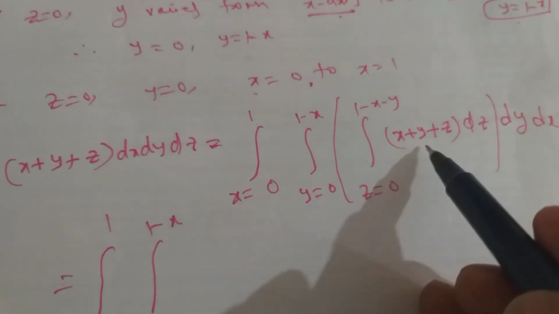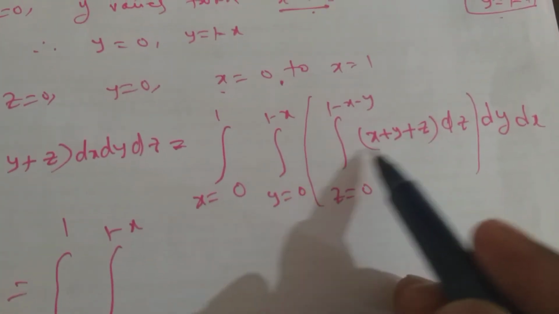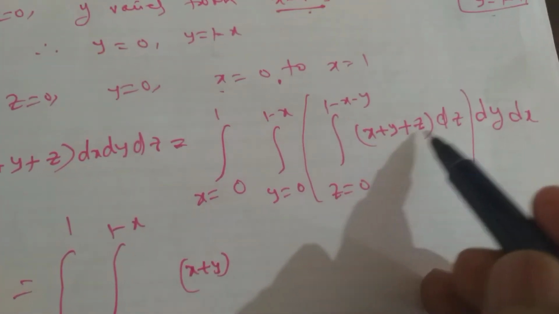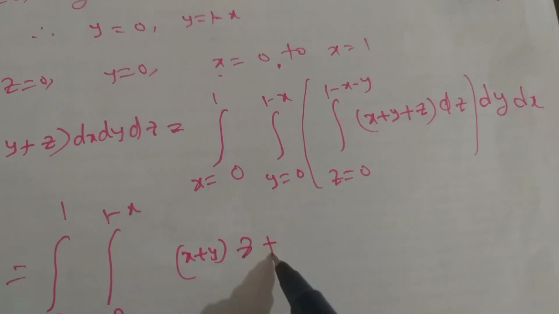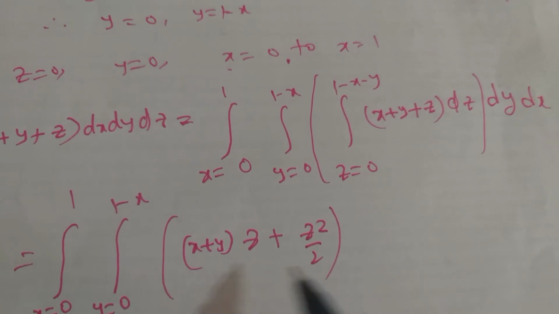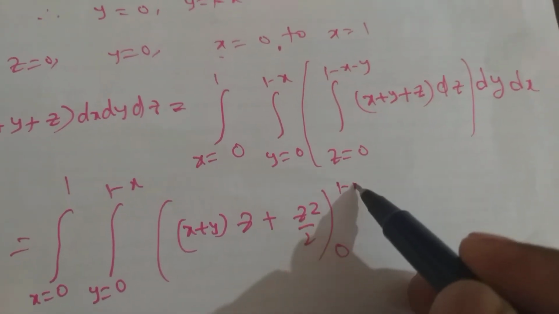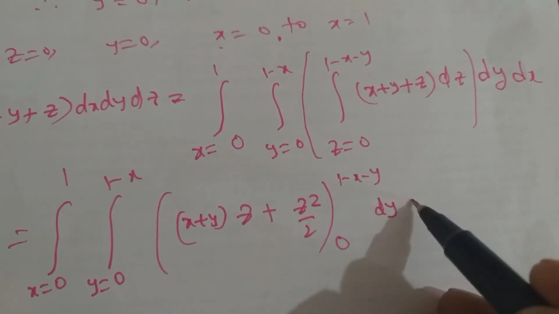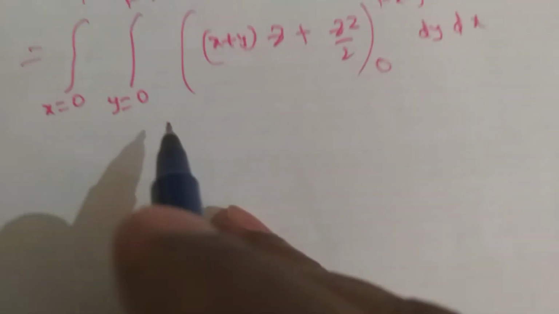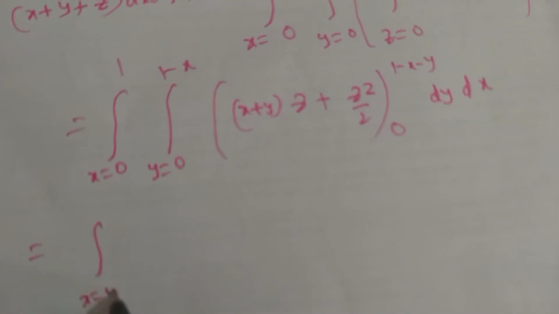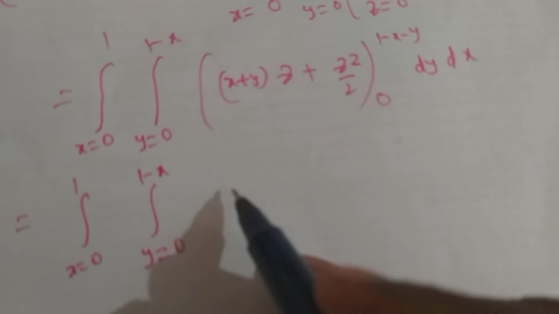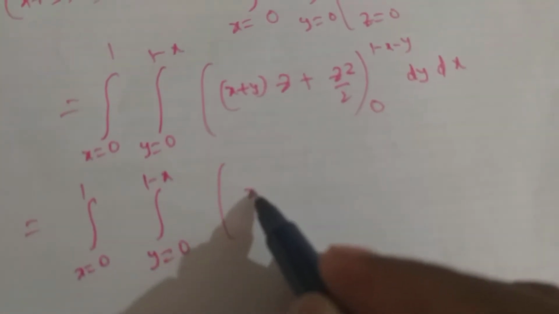While integrating with respect to z, x plus y is constant, so x plus y times the integral of dz is z, plus the integration of z is z squared by 2, and substitute the limits of z. Next, integrating x from 0 to 1 and y from 0 to 1 minus x, substitute the upper limit in place of z.